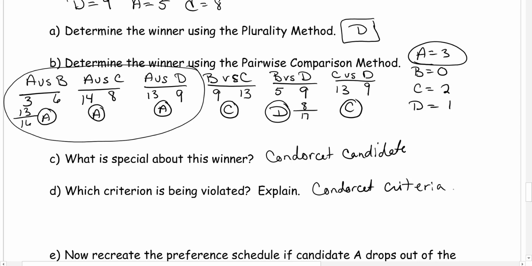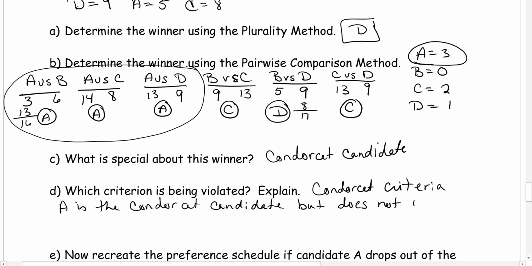So the reason why this is true is because A is the Condorcet candidate, but does not win using the plurality method.